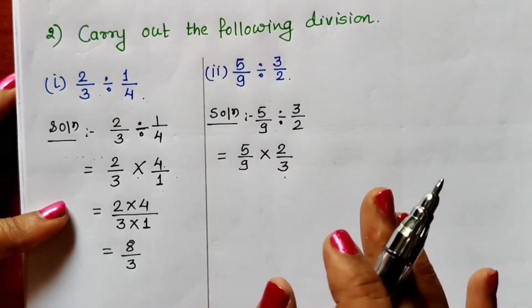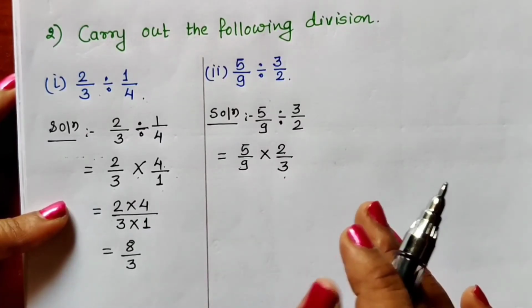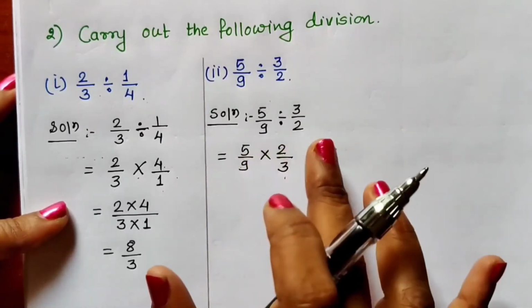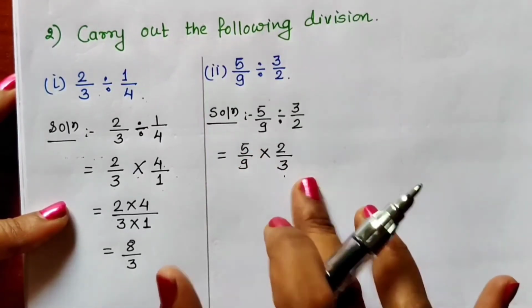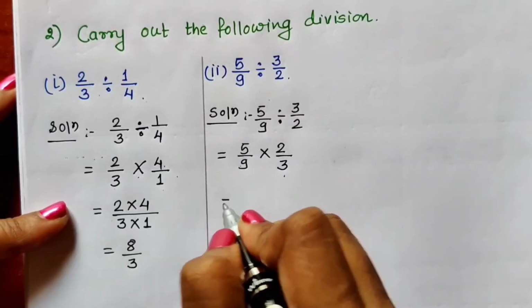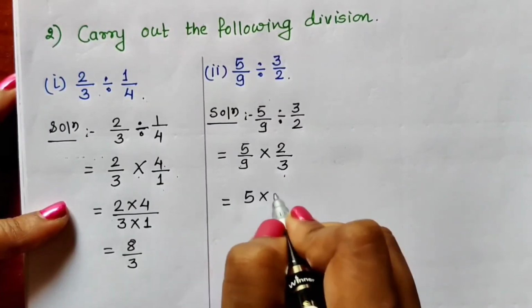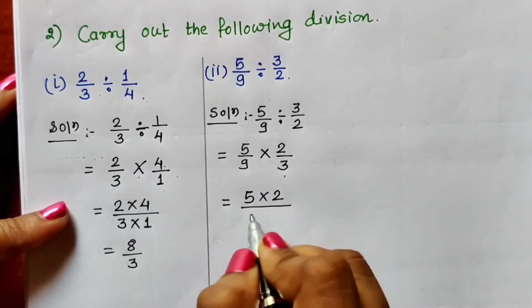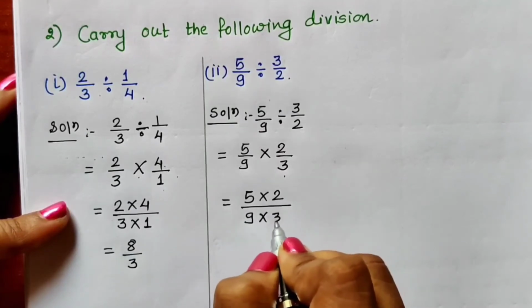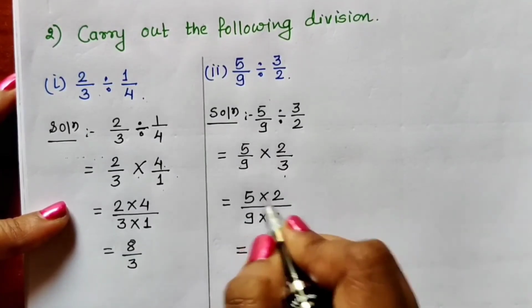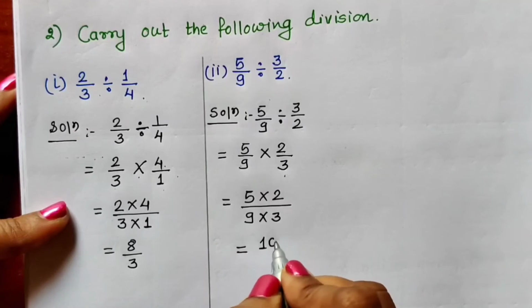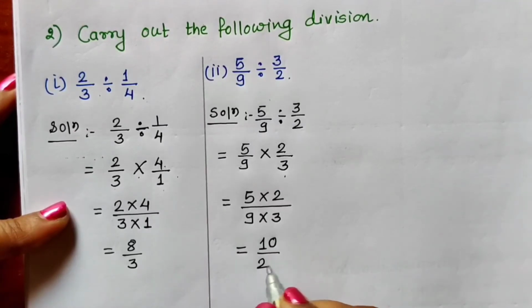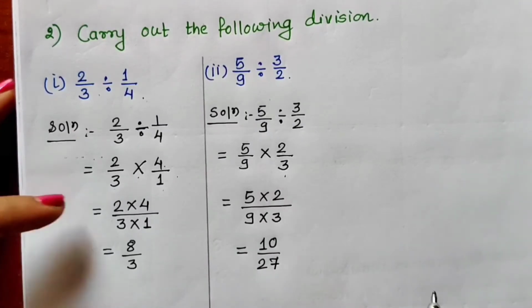So, when it is not cancelled, we just write multiplication of numerator with numerator and denominator with denominator. So let us write 5 into 2 upon 9 into 3. So what is the answer? 5 2s are 10, 9 3s are 27.